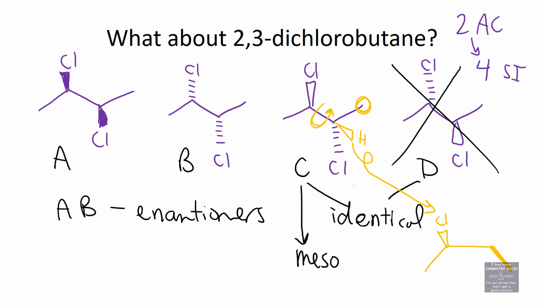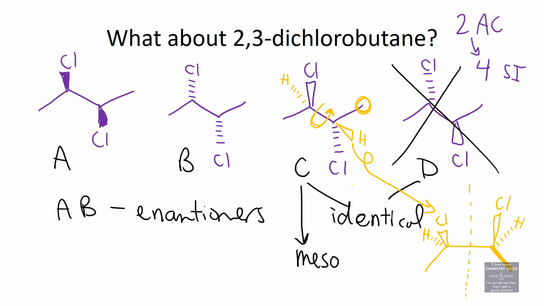That causes my H that's out of the plane to become an H that's behind the plane, pointed up, and my Cl that's behind the plane to come out of the plane, also pointed up. There was a hydrogen here all along. It's still there. This conformation makes it easier to see the mirror plane within that molecule.